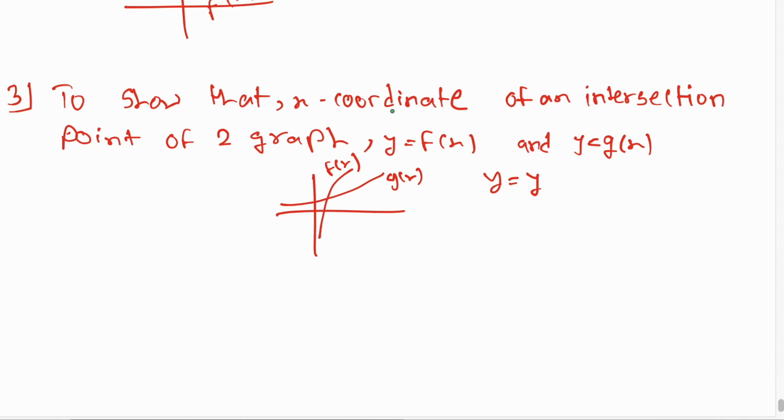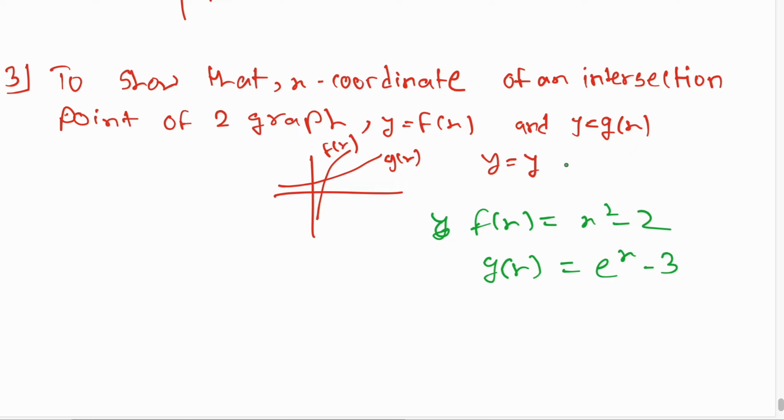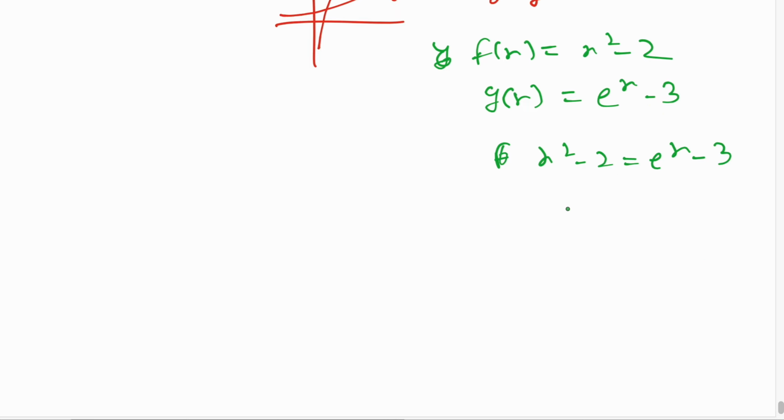Okay, to show that the x coordinate of an intersection point of two graphs is in an interval, for example, we got f of x is equal to x square minus 2 and g of x is equal to e to the power x minus 3. So how can you know the intersection point? Let x square minus 2 be equal to e to the power x minus 3, then x square minus 2 minus e to the power x plus 3 is equal to 0.